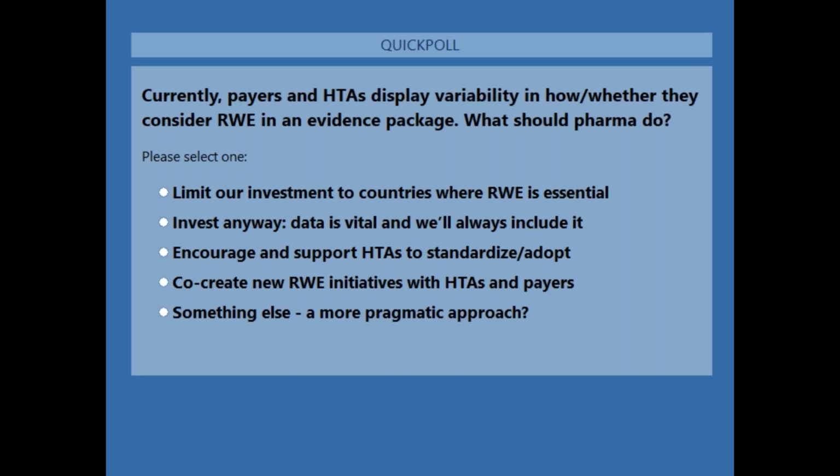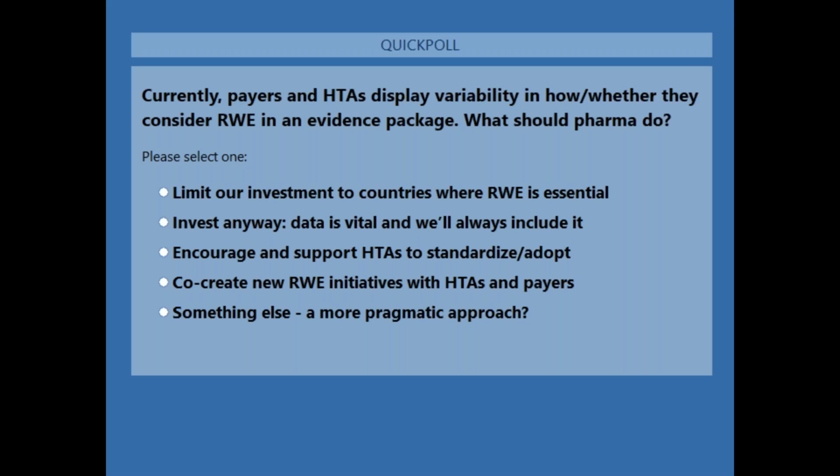1, limit our investment to countries where RWE is essential. So take a very ballsy approach there. Do we invest anyway? Data is vital. We'll always include it. We need to be gathering now. Let's have a broad brush approach to data gathering. Should we encourage?